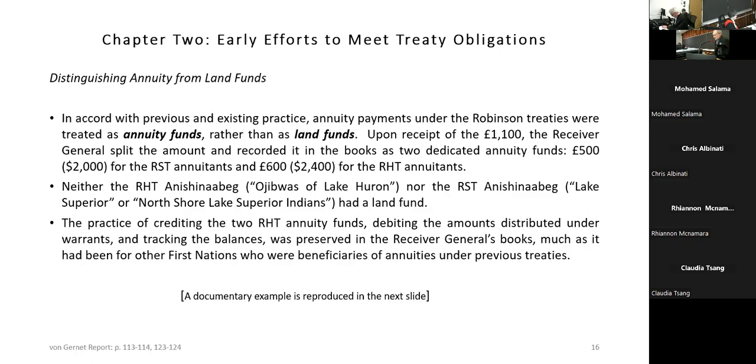And when we look at the books, which we will on the next slide, neither the RHT Anishinaabe nor the RST Anishinaabe had a land fund. The same practice of crediting the First Nations, in this case, the Robinson First Nations, as had been done in previous years, continued.